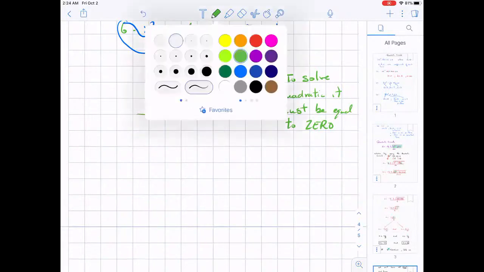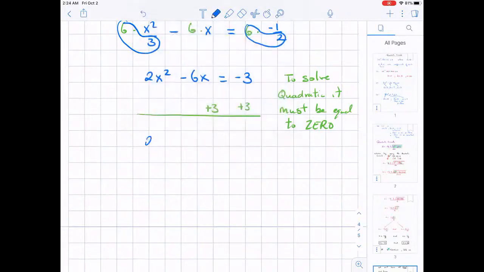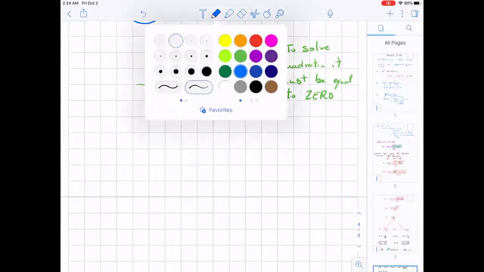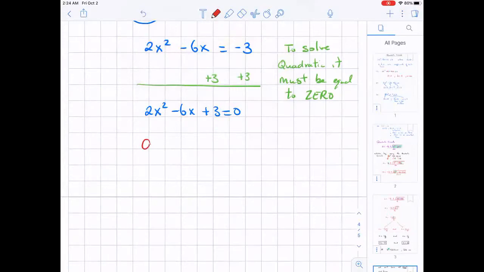And if we do that, we have 2x squared minus 6x plus 3 equals 0. Not until now can we say that a here is equal to 2. We're getting that from here. B is equal to minus 6. We're getting that from here. And c is equal to 3. We're getting that from there.